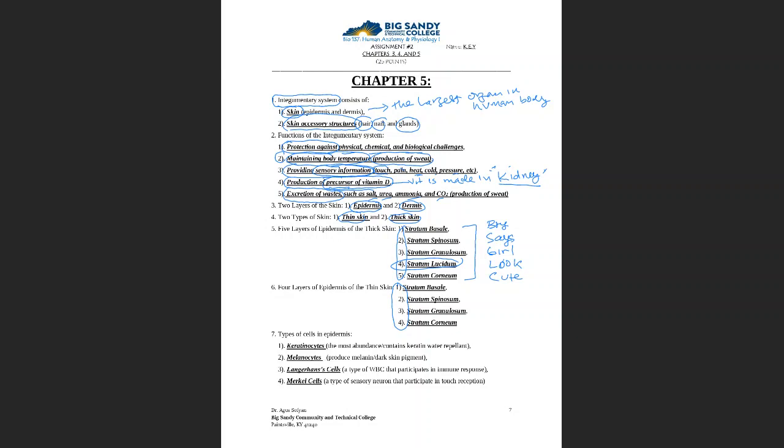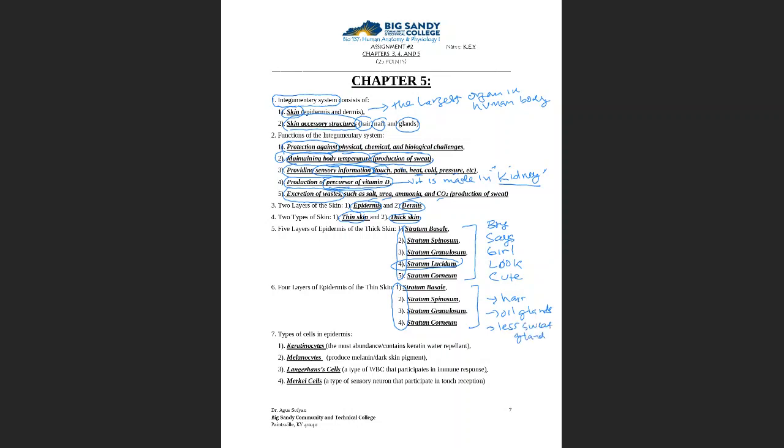Okay. Now, if you compare your skin, if you check your skin, the thin skin has hair. Okay. It has oil gland. Okay. And then less sweat gland.